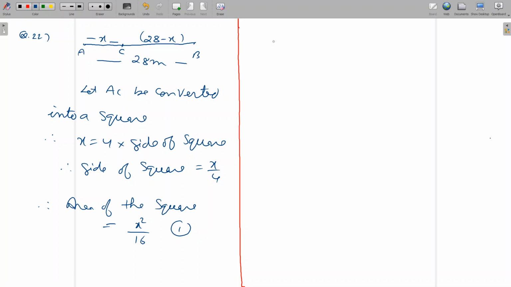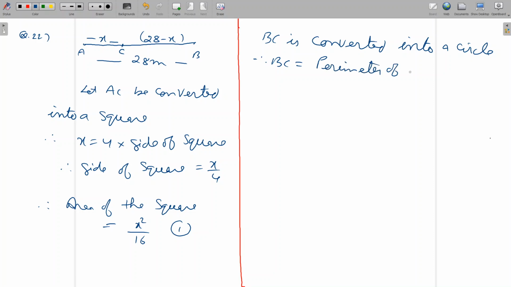Now we will be converting 28 minus x, that is BC, into a circle. So BC will be equal to the perimeter of the circle. Therefore we will be getting 28 minus x equal to 2 pi r.